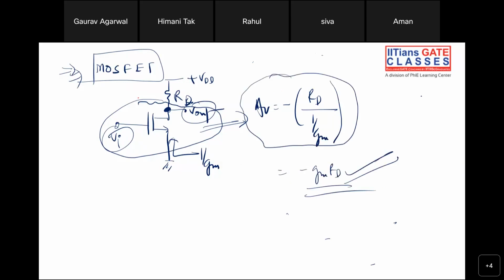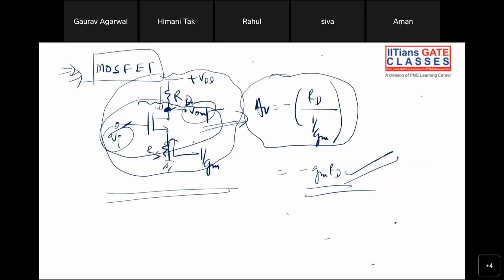Then you can solve any questions in seconds by looking at the circuit, no matter how many transistors are connected. You go from here to here, see what current is flowing through this, and how you can write the gain. You must know, please. And if you are going to degenerate this, connect RS, how is this RS going to affect the gain?